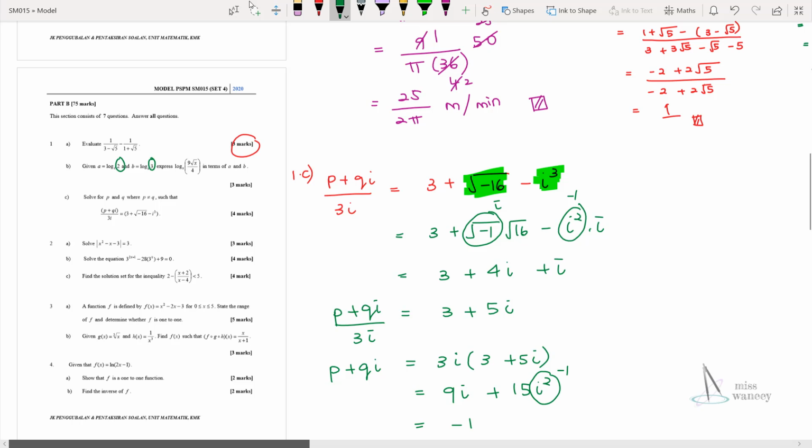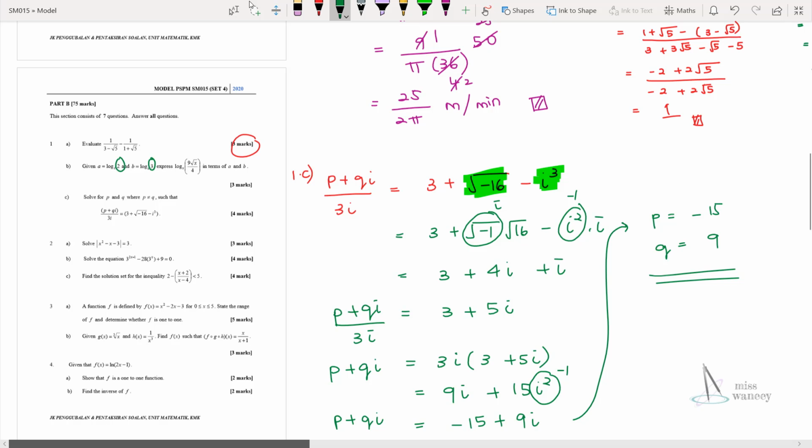So we got negative 15 plus 9i, and this is equal to p plus qi. Therefore, if you compare them, you should be able to see p is equal to negative 15 and q will be equal to 9. So, done with number 1C.